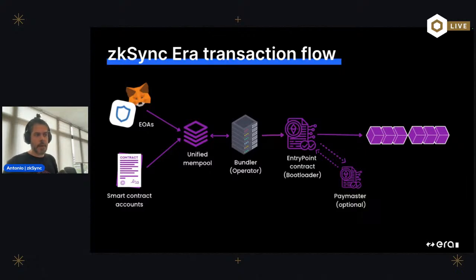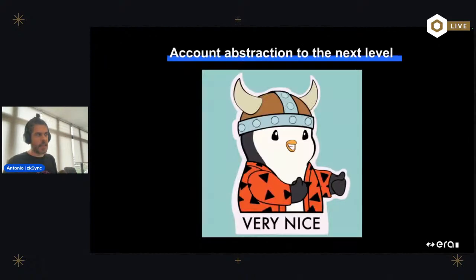If there is a paymaster that has to be involved to sponsor the gas fees, it interacts with it, and that's it. So you can send transactions from your MetaMask with a paymaster. It will work. So yeah, we're taking EIP-4337 to the next level.